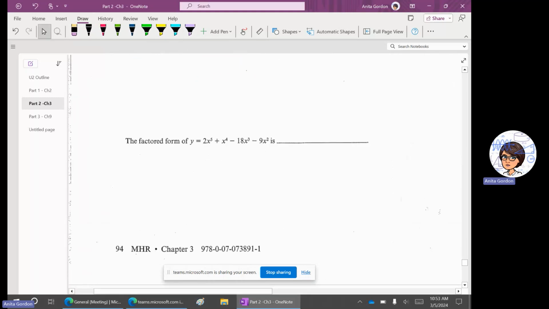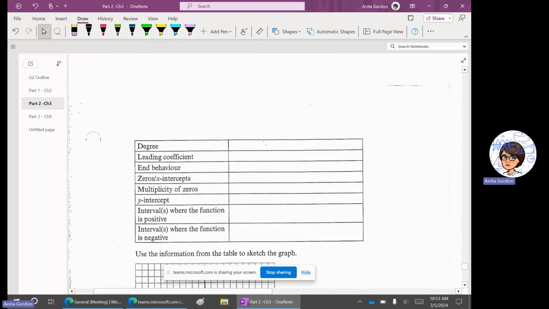So let's see, where's my chart? I think it's just below here. I know I have a degree 5. I know I have a positive leading coefficient. So my end behavior will be from quadrant 3 to quadrant 1.